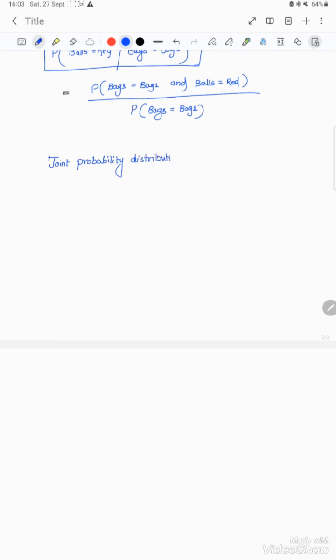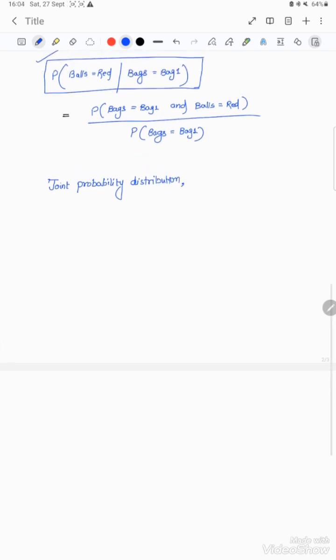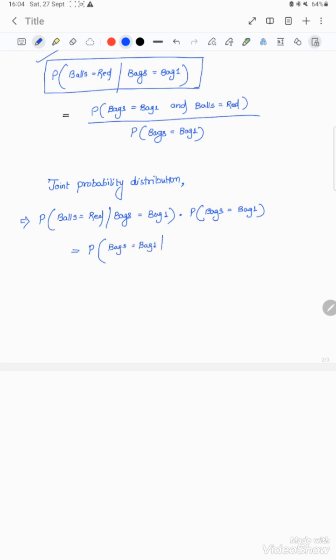In the case of a joint probability distribution, we will have the probability of balls equal to red given bags equal to bag 1, multiplied by the probability of bags equal to bag 1, is equal to the probability of bags equal to bag 1 given balls equal to red, multiplied by the probability of balls equal to red.